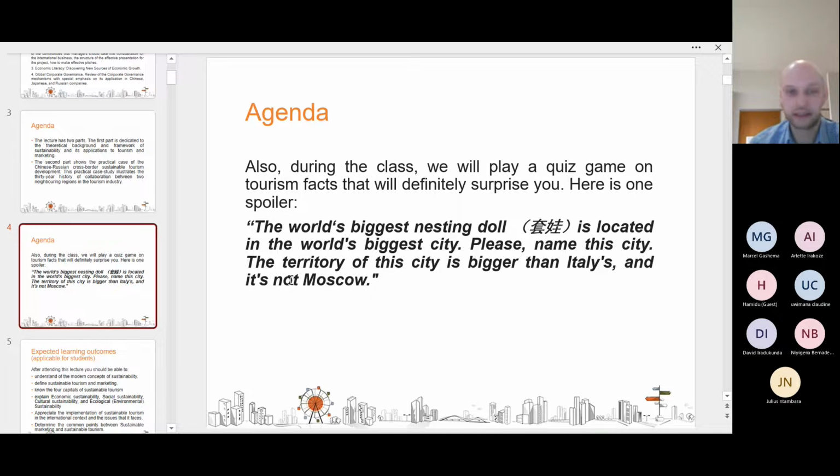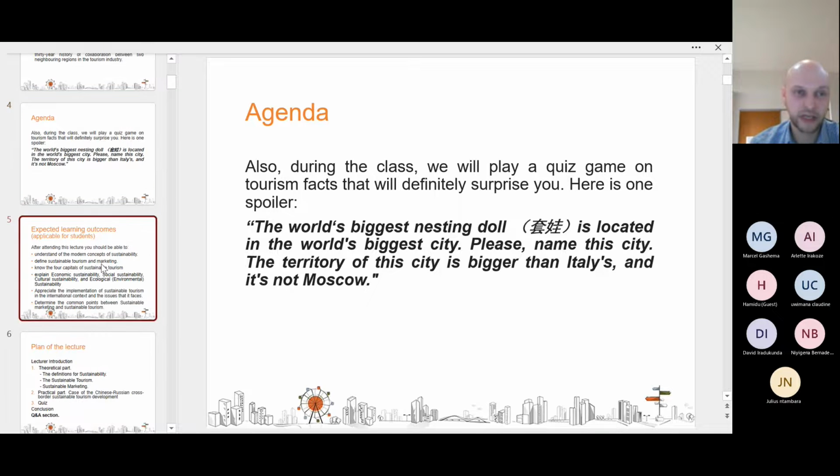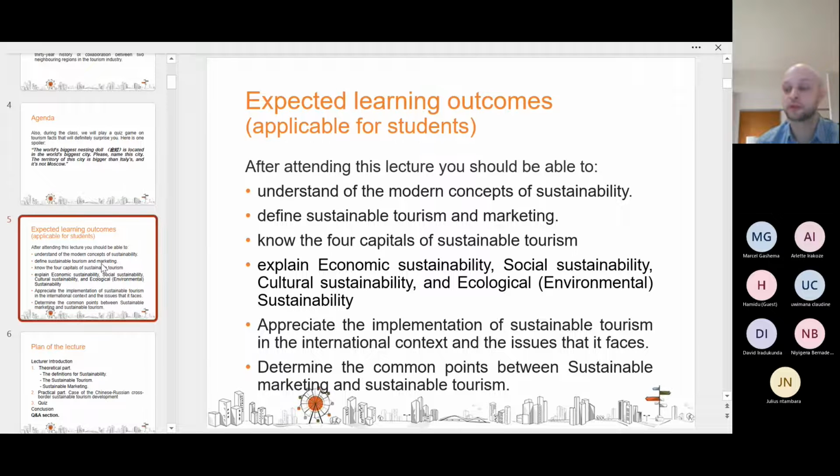Okay, let's continue. Expected learning outcomes for today's workshop are here. After attending this workshop, you should be able to understand the modern concepts of sustainability. You should be able to define sustainable tourism and marketing.